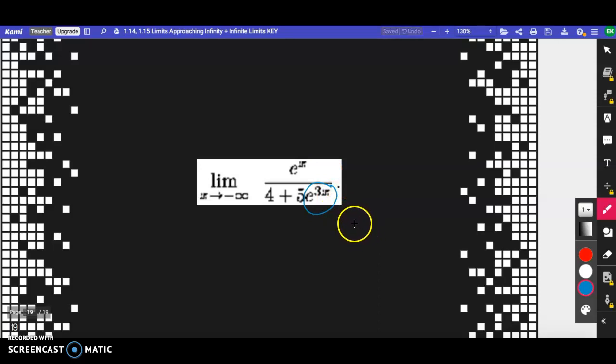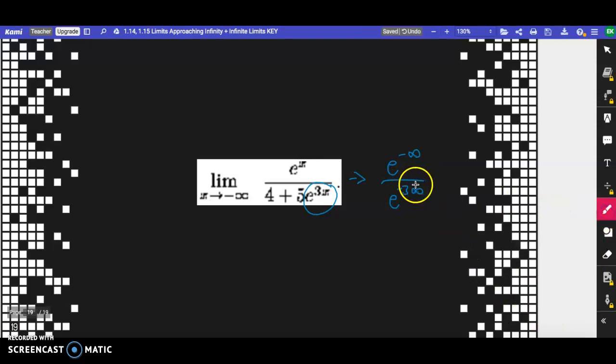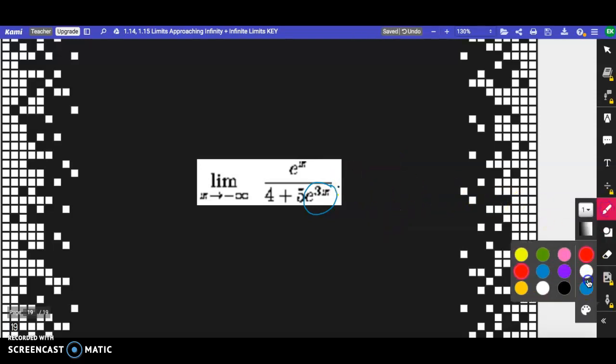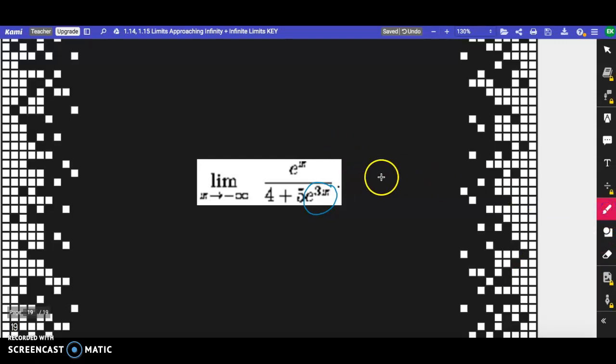So if you have a negative exponent, so if I kind of do e to the negative infinity over e to the negative 3 infinity, remember that when you have negative exponents, and this is something we learned in pre-calculus, that these currently are on the wrong side of a fraction. It's easier to write it like this. So on top, when you have e to the negative infinity, it's really 1 over e to the positive infinity.